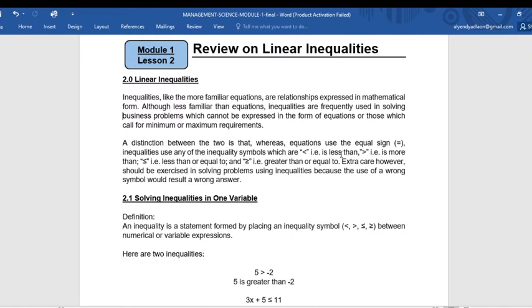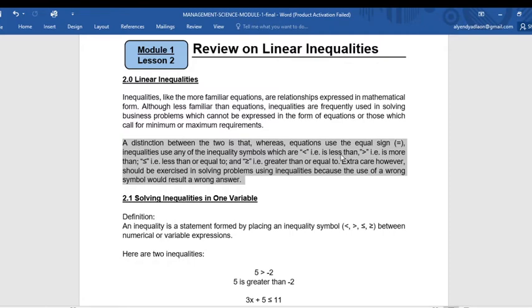Now, the distinction between the two, as I have just discussed, is that whereas equations use the equal sign, inequalities use any of the inequality symbols, which are less than, more than, less than or equal to, greater than or equal to. Extra care, however, should be exercised in solving problems using inequalities, because the use of a wrong symbol would result in a wrong answer.